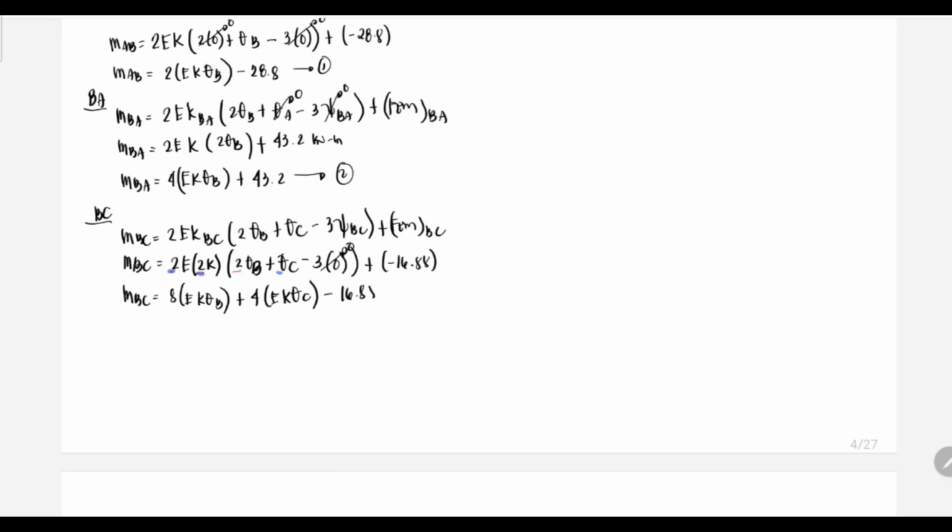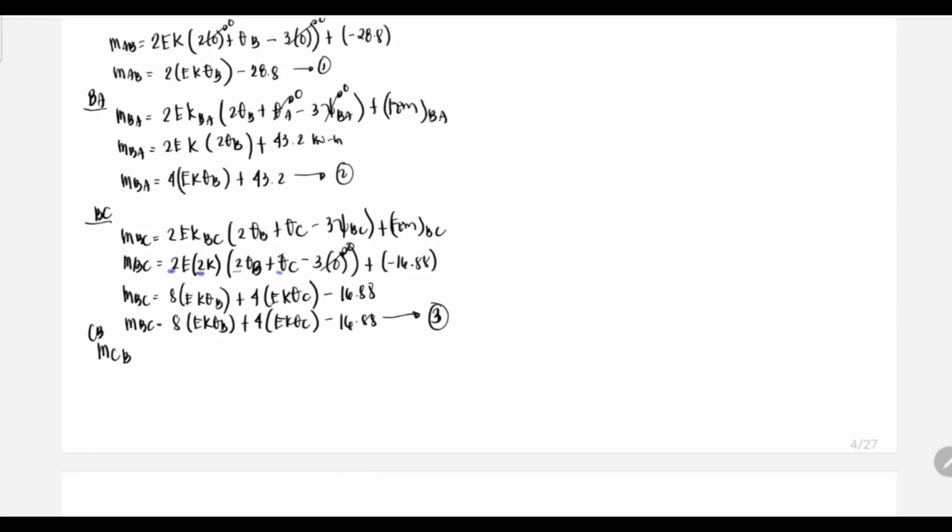Minus 16.88. So, our moment BC here would be 8EK theta B plus 4EK theta C minus 16.88. That is your equation 3. Meron na pala dyan na isulat ko na pala.